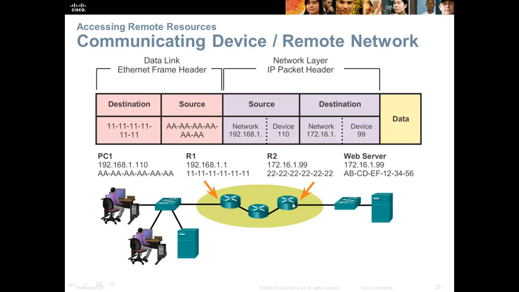Then when it leaves R2, the source would be all twos going to the destination of A, B, C, D, E, F, 1, 2, 3, 4, 5, 6. So again, those MAC addresses inside of the frame can change where the IP addresses do not. If we need to communicate outside of our network, we go through a default gateway, and that setting must be set up in the TCP/IP settings of your computer.